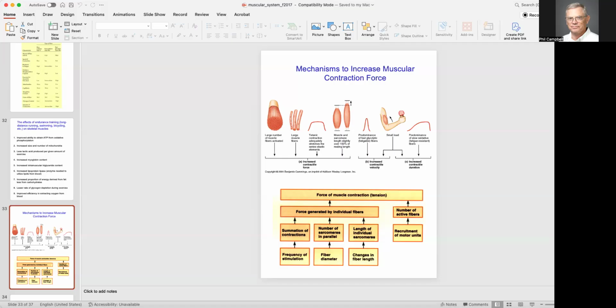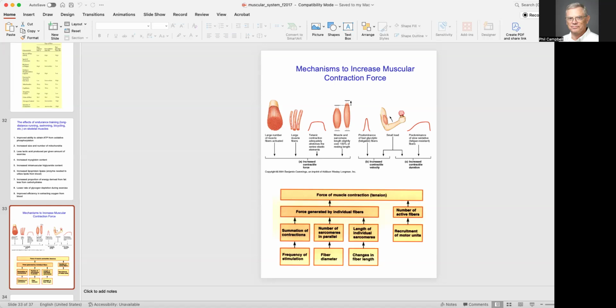So let's talk about mechanisms to increase muscular contractile force. We can increase contractile force, number one, if we have larger cells, which means more myofibrils, which means more contractile force. Kind of makes sense.